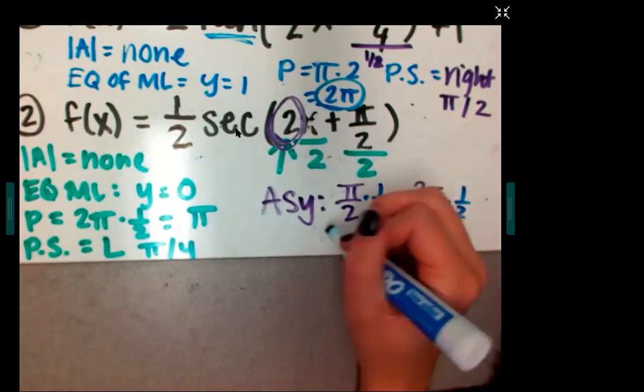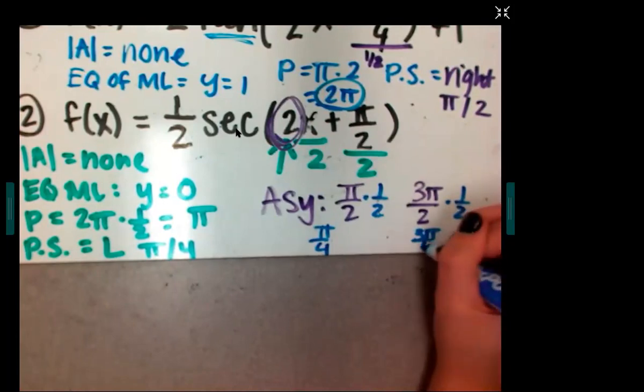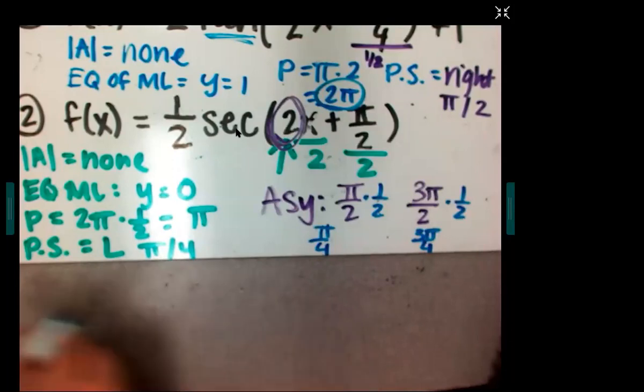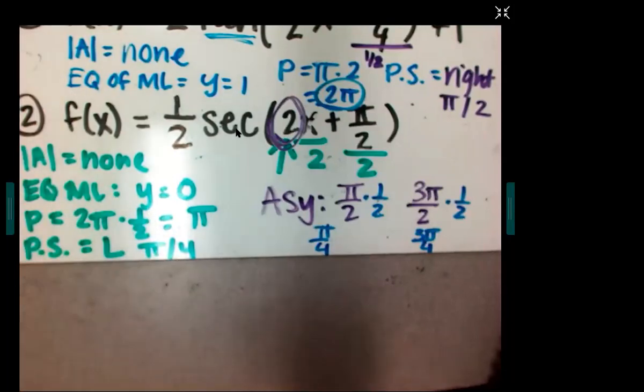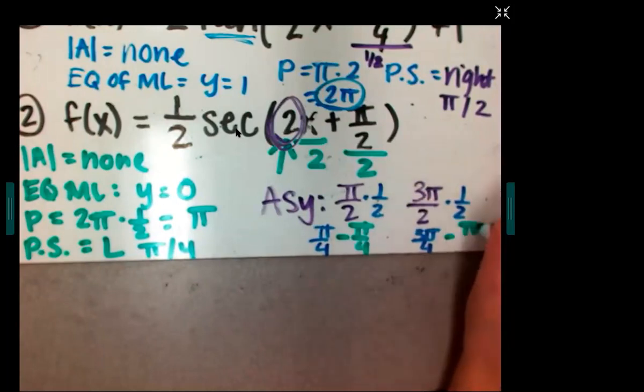So does everybody agree that's pi over 4 and 3 pi over 4? Yeah. Okay, and then what am I doing with those? Subtracting pi over 4 because we're moving it left pi over 4. So minus pi over 4, minus pi over 4. So what are my 2 asymptotes?